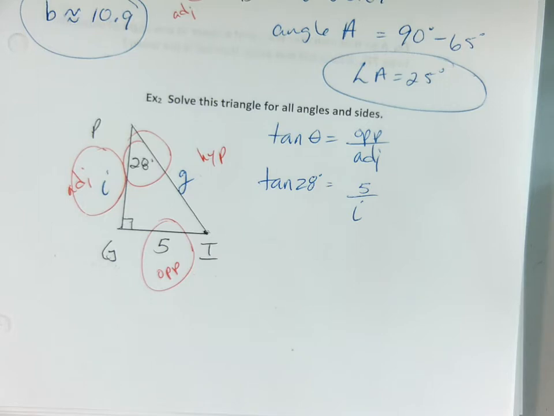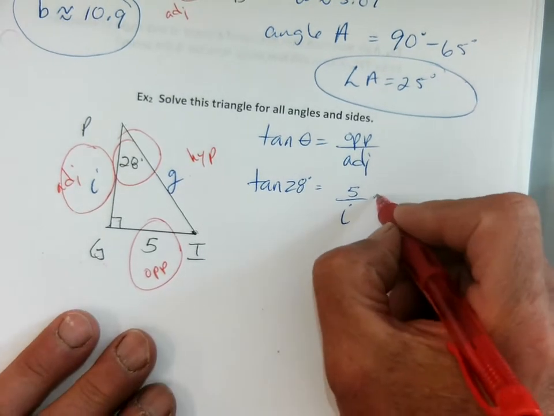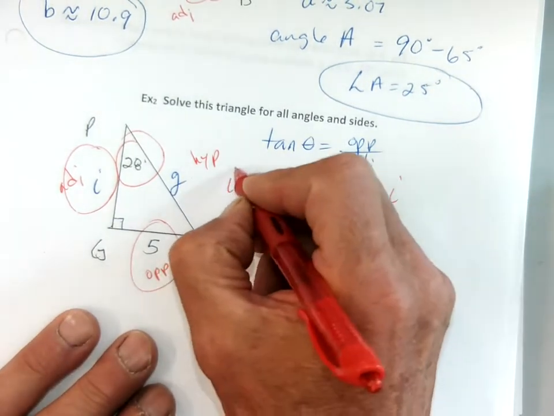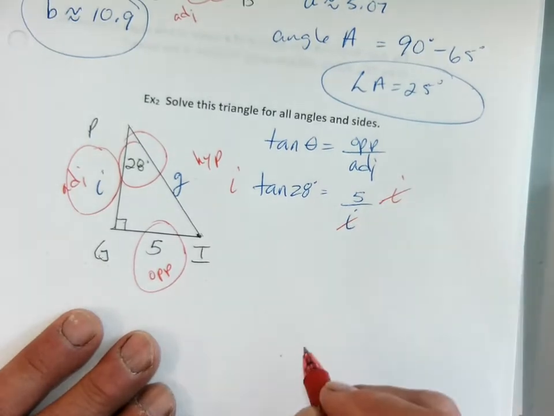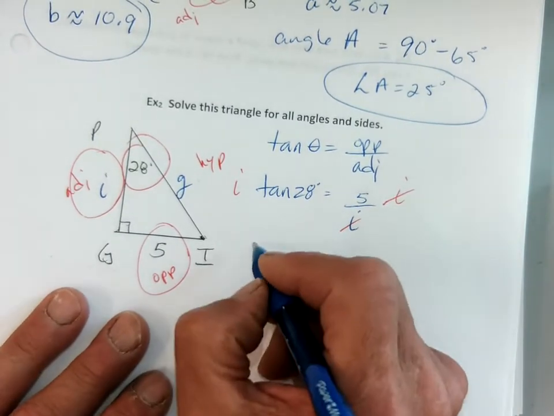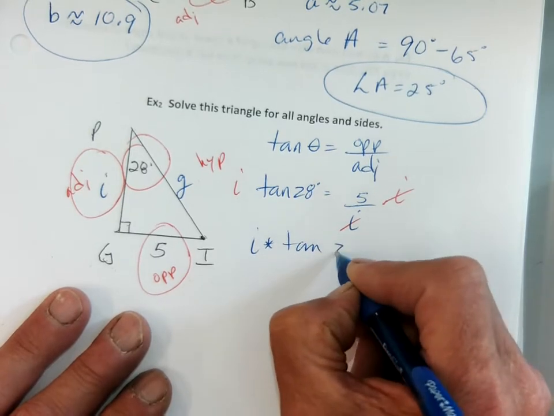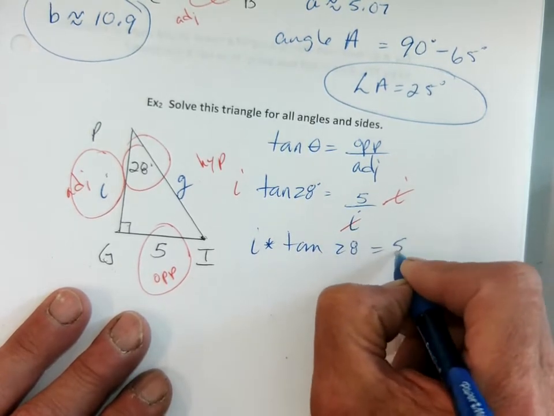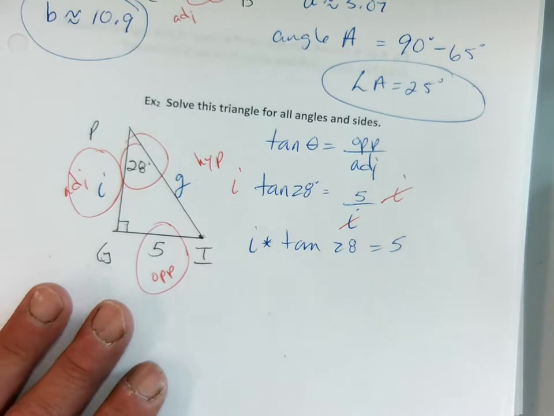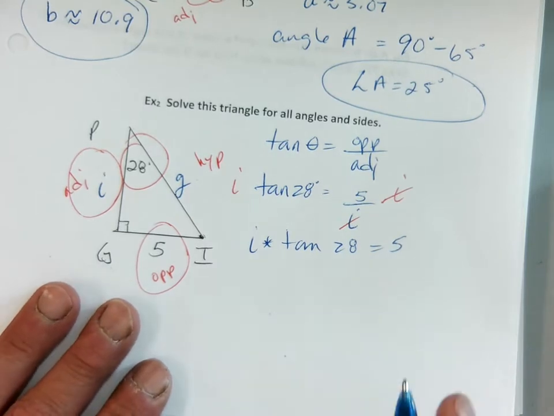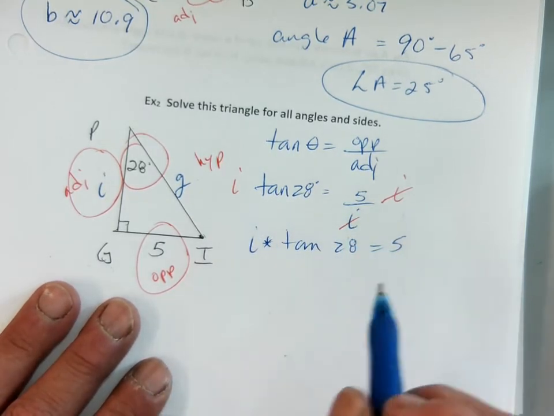Now, to solve for this, it's going to take us 2 steps, because the first thing I have to do is multiply by I. So I times the tangent of 28 equals 5. I kind of like cross multiplying.